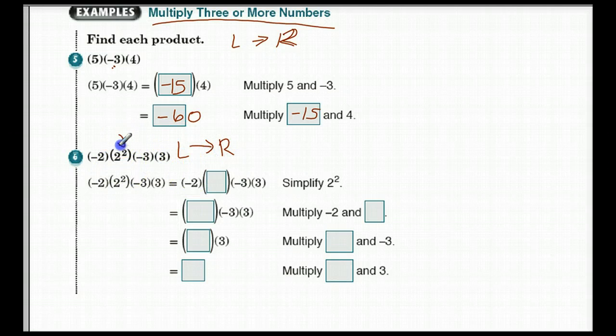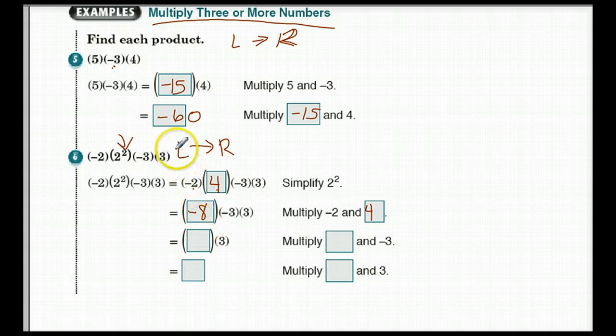So first we're going to do the exponent here, and they give us a space for that. So simplified 2 squared, we know 2 times 2 is 4. The next thing, we move from left to right, so we do negative 2 times positive 4. Since their signs are different, we're going to get a negative 8. We got negative 8 by multiplying negative 2 and 4.